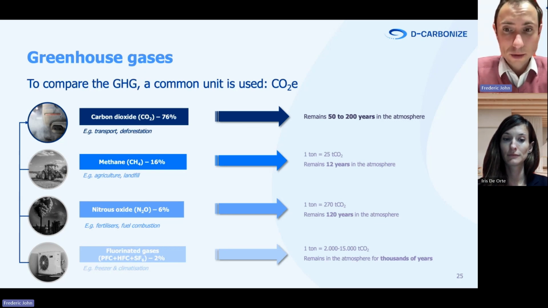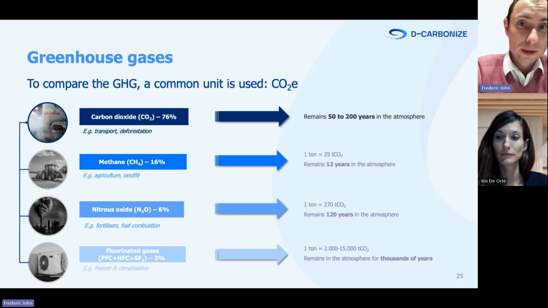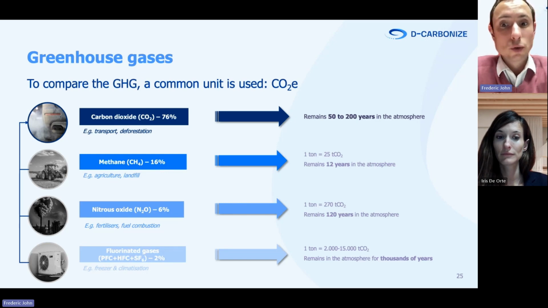And here, methane, for example, is roughly 25 times more powerful than CO2, meaning that 1 kilogram of methane emitted in the atmosphere has the equivalent warming effect of 25 kilograms of CO2. So methane is 25 CO2 equivalent.